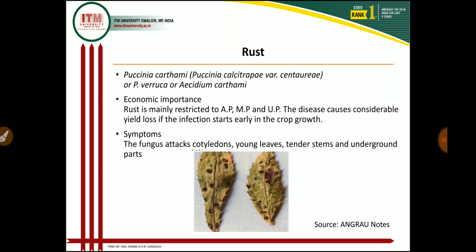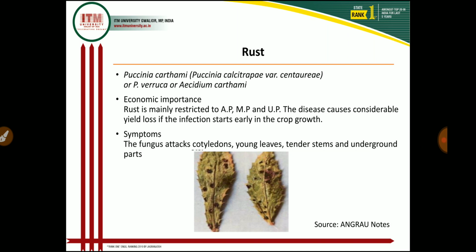And you see in the photograph there are yellow or orange colored pustules in the leaves, and later on these pustules are present on the stem as well as the flowering parts, and sometimes roots are also infected with this pathogen. So in pathogen characteristics, this fungus is an obligate parasite with an autoecious life cycle in safflower.